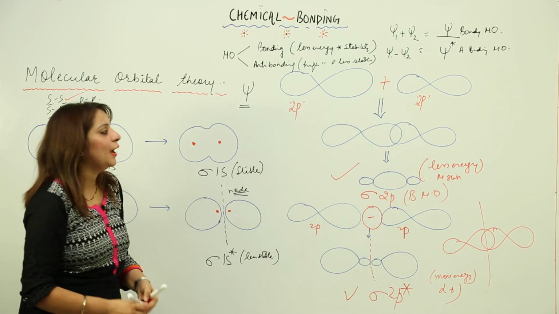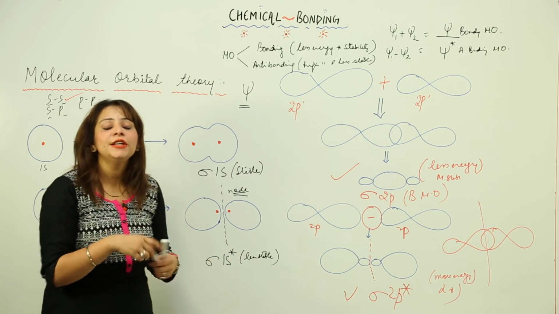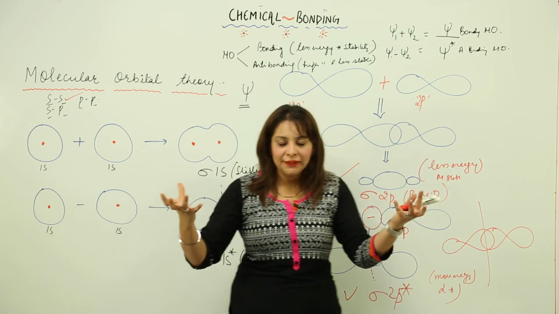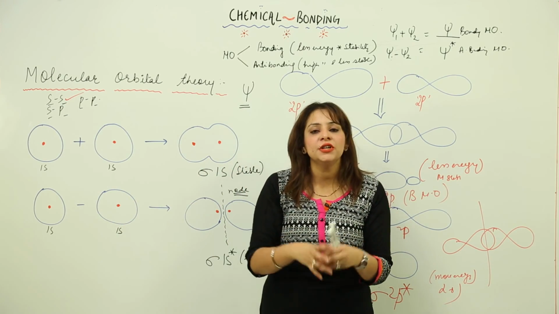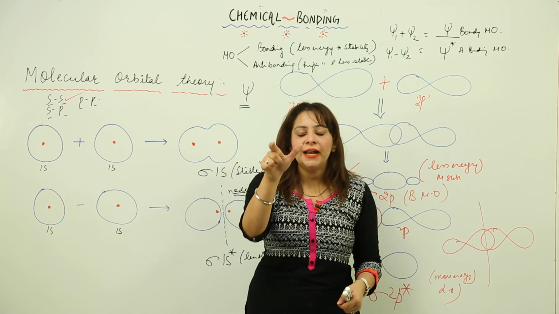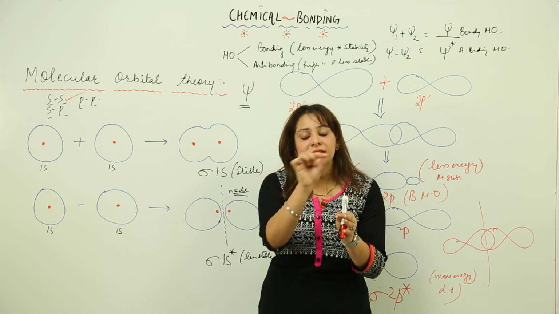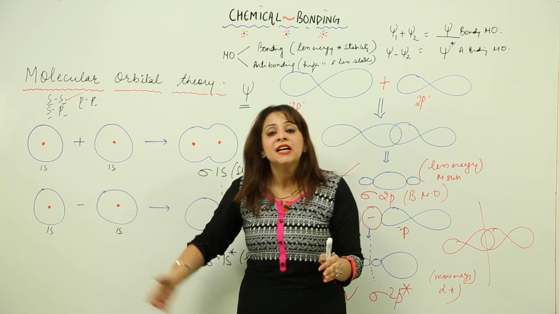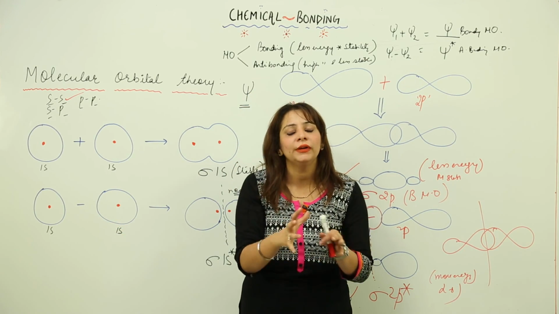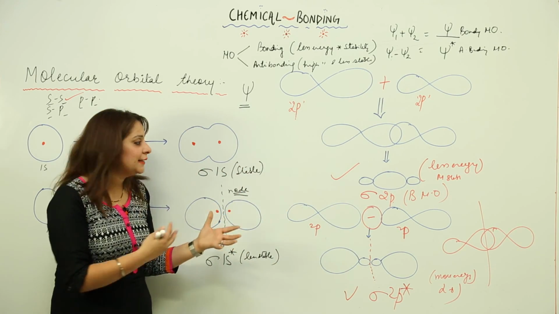So this is how you make the sigma bond for the 2p orbitals. You just draw an atomic orbital, try a positive combination, try a negative combination, and when they overlap, if it is additive, just add the overlap. But if you need to subtract, just subtract that overlapping region and you will get the result, right. It's not a big deal, just draw the figures, try it out, you can easily do that.